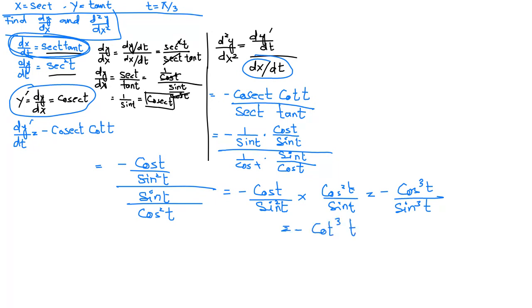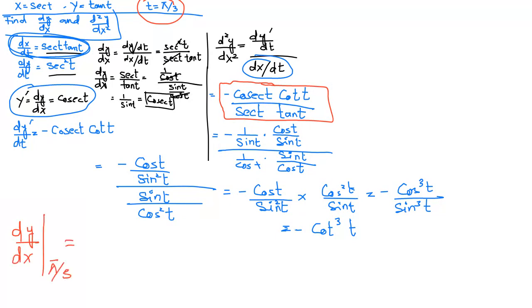Okay, if you don't want to simplify this one, you can use only the first equation to put this value, but it will be lengthy. You have to put pi by 3 in this one, so you put pi by 3 in the first derivative, which is cosecant of pi by 3.